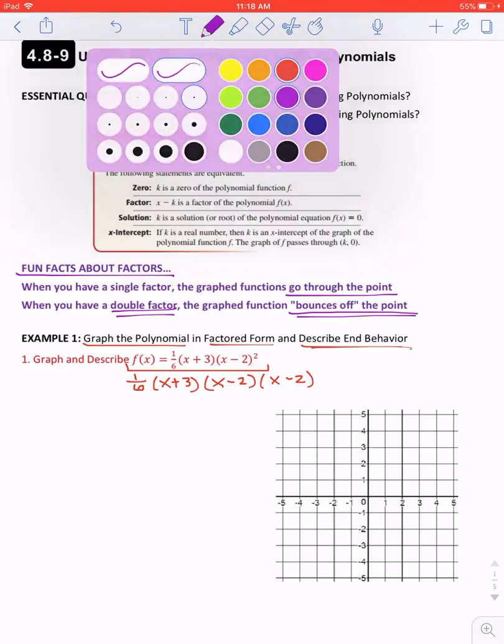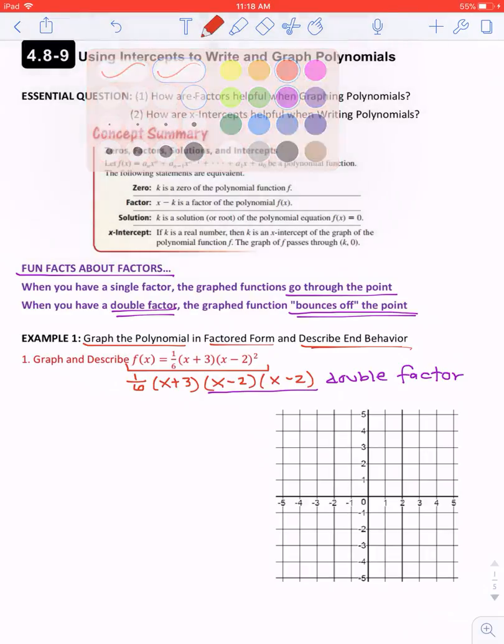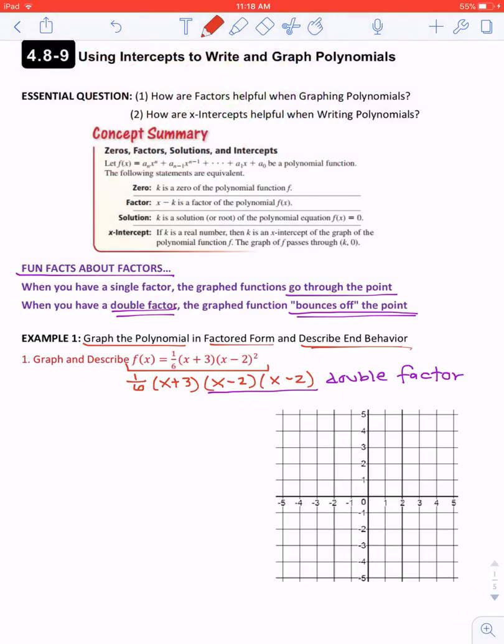That tells me right away I have a double factor here. So somewhere on my graph, I'm going to be bouncing off of that point. So this is how I do it. I'm going to take those factors and turn them into zeros.